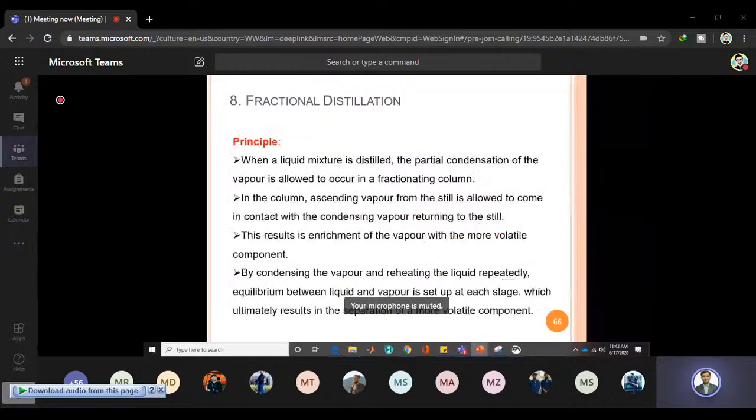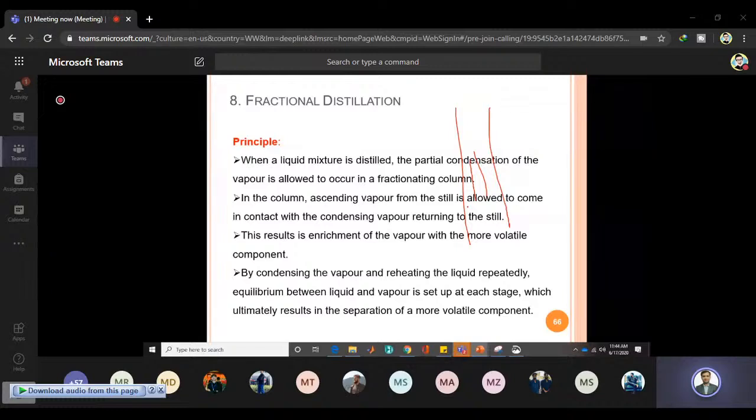When a liquid mixture is distilled, the partial condensation of the vapor is allowed to occur in the fractionating column. In the column, ascending vapor from the still is allowed to come in contact with the descending liquid returning to the still. In the last lecture we totally discussed how we talk about descending liquid and ascending vapors, that cascade across multiple plates.